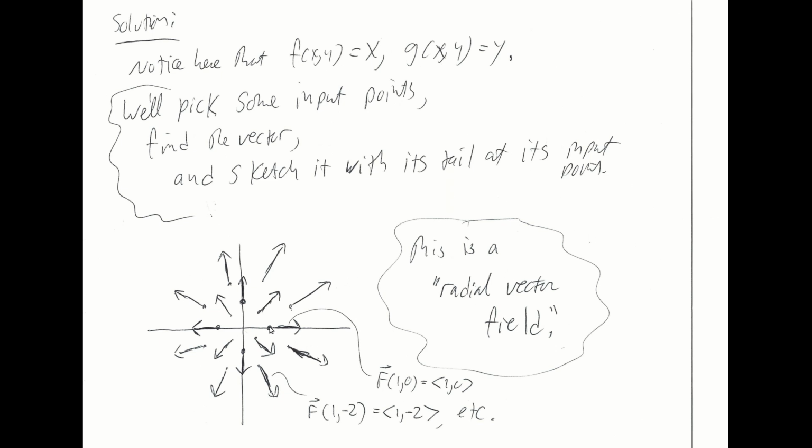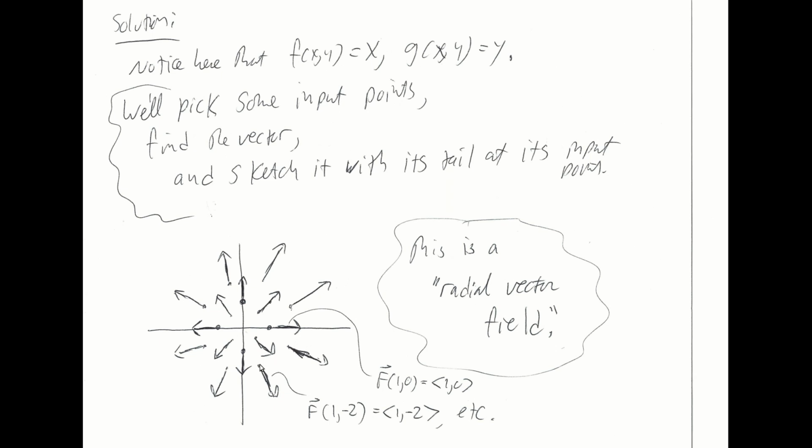This is an obvious point to pick. I'm going to plug 1, 0 into my function for my vector field and see that big F of 1, 0 is just the vector 1, 0. So I come here to the input point 1, 0, and I sketch the output vector, which also happens to be 1, 0, with its tail resting at that point.